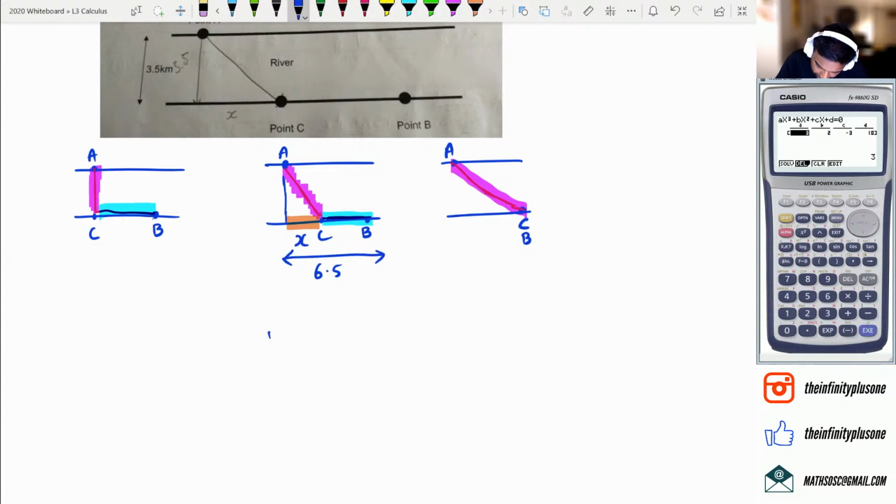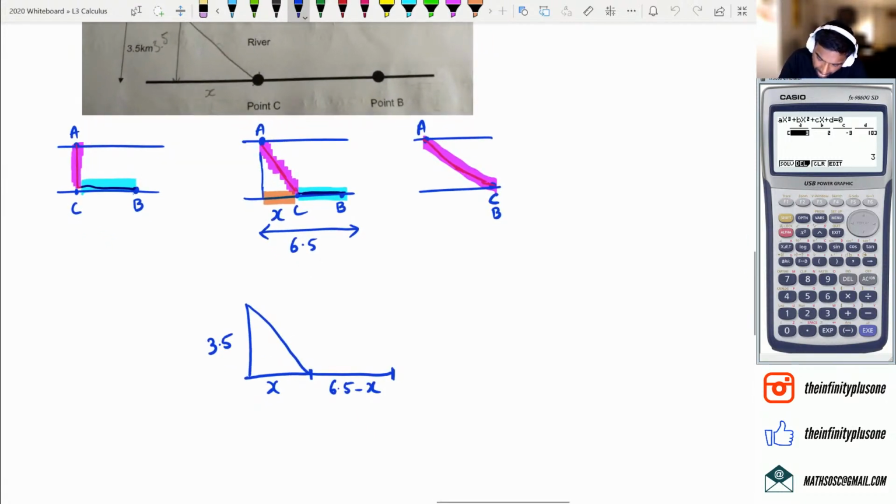So I'm going to create something like this, where this is x, this is 6.5 minus x. All right. Now, the other thing that we also know is this is 3.5. And I think once you get all of that, we can slowly start breaking this thing down.